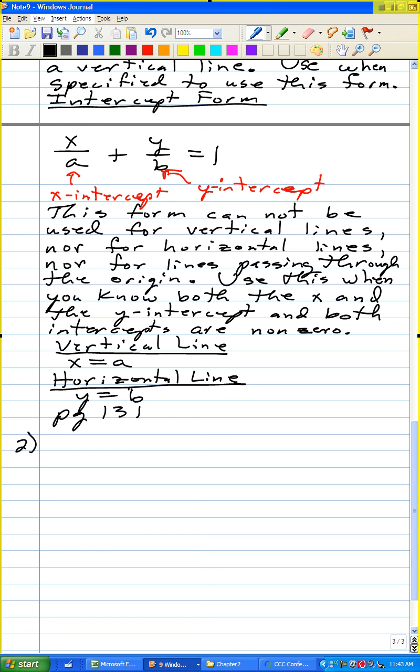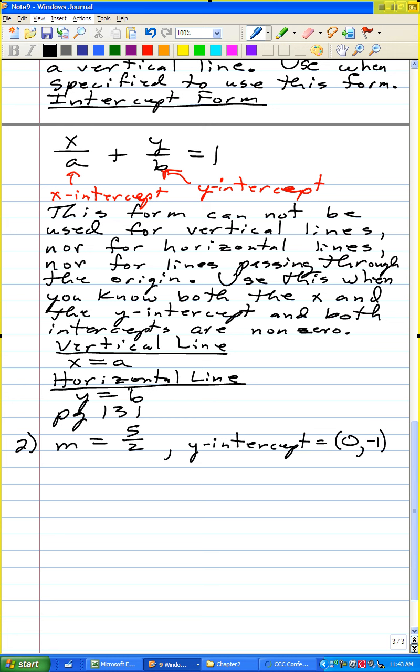In exercises 1 through 10, find the equation of the line. The slope equals 5 halves, and the y-intercept is the point (0, -1).